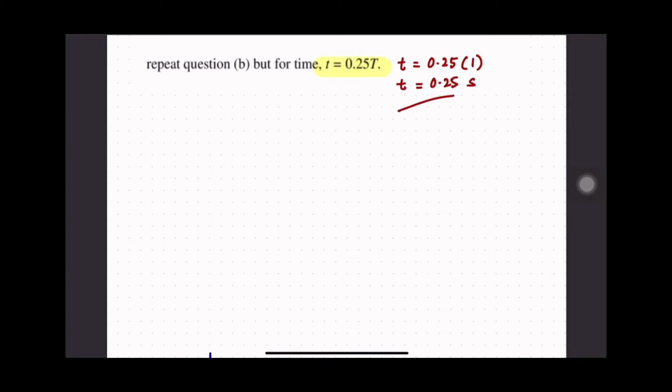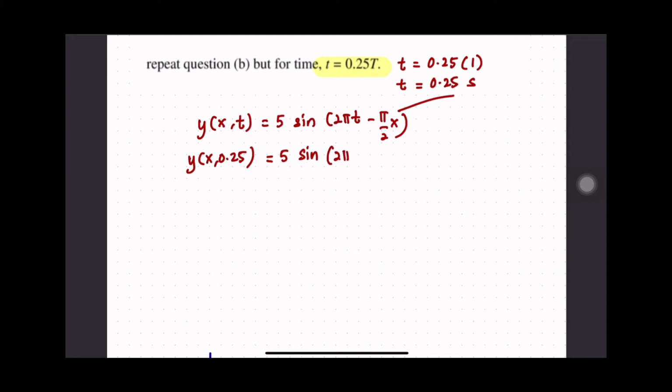Okay, so by the given equation, same equation, 5 sin(2πt − (π/2)x). Okay, substitute the value of t equal to 0.25. Okay, you will get 5 sin(2π times 0.25 − (π/2)x).